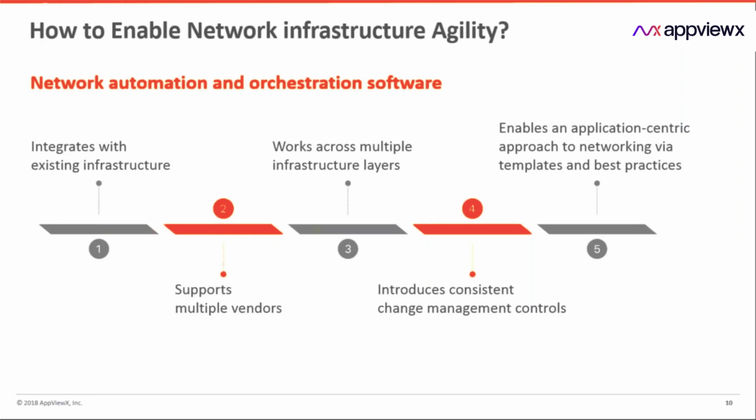One is there is always existing processes and tools that are already in place within organizations, and the key to any vendor, any tool, any automation tool, is to seamlessly integrate with their existing infrastructure, so that there is business continuity as part of the whole process.